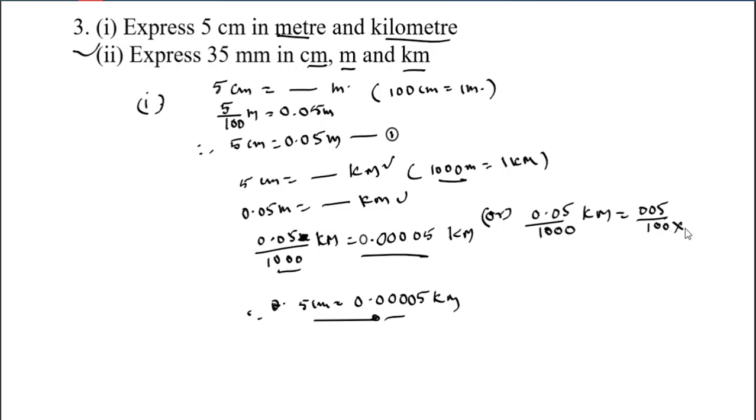So we get 5 by 100 into 1000. 100 into 1000 means we get 1 lakh, which is 1 followed by 5 zeros. Write 5, count 5 digits, and put in as many zeros as you need. Put the point. That means 0.00005 kilometers. Did you understand? We can do it like this or like this.